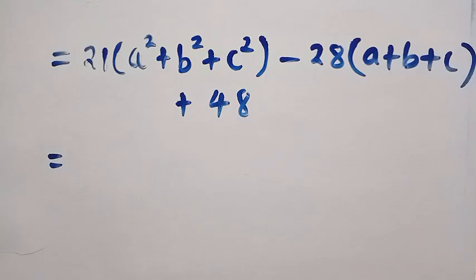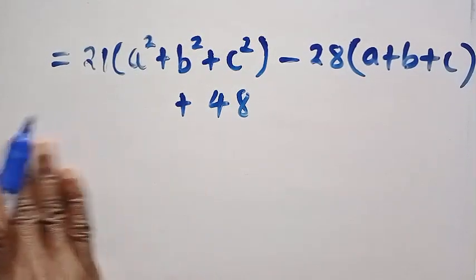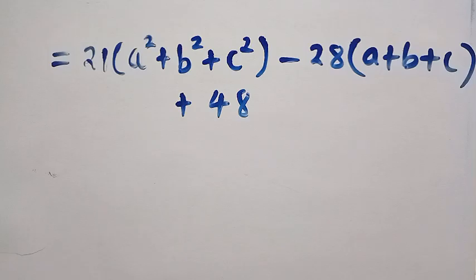So by adding a raised to power 16 plus b raised to power 16 plus c raised to power 16, here is what we got. But a raised to power of 2 plus b raised to power 2 plus c raised to power 2.